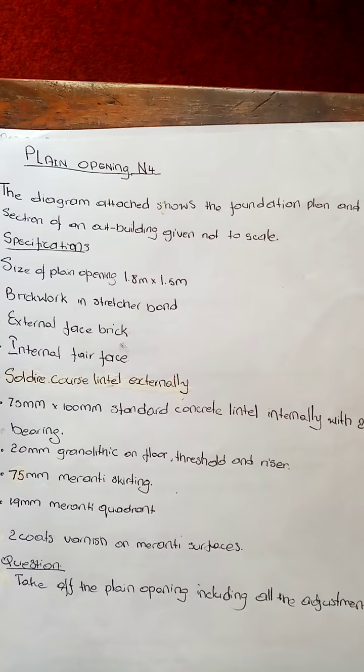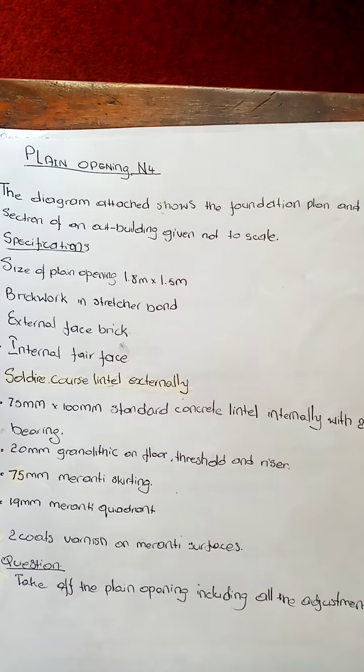The diagram attached shows the foundation plan and section of an outbuilding, given not to scale. These are the specifications. Size of a plane opening is 1.8 meters by 1.5 meters. Brickwork is in stretcher bond. External face brick, internal face.